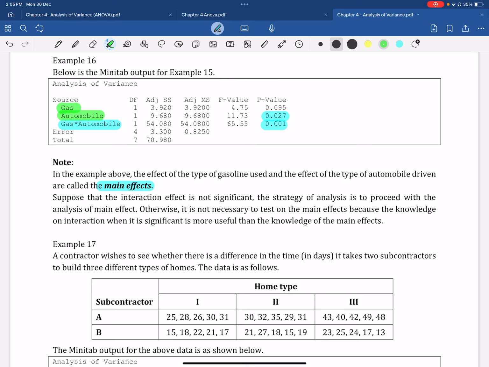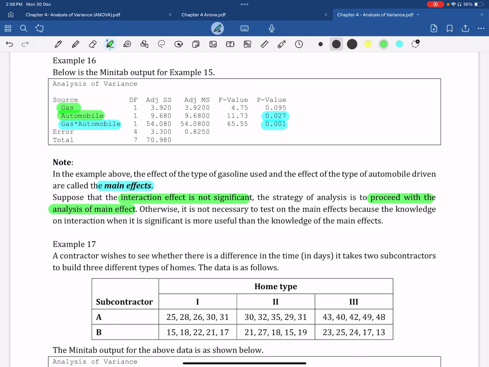Suppose that the interaction effect is not significant. Instead of rejecting for the interaction, you can proceed. If the interaction effect is not significant, the strategy of analysis is to proceed with the analysis of main effects. Means you can do the hypothesis for the independent variables.